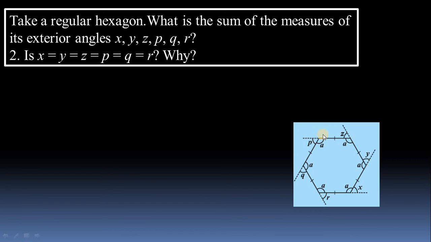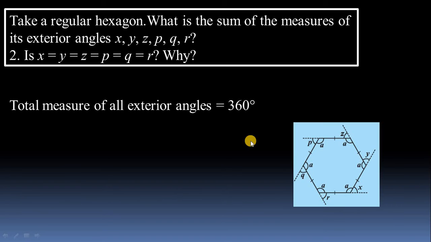The next angle P. As you know the sum of all exterior angles is 360 degrees. So it means that x plus y plus z plus p plus q plus r is 360 degrees. So here the question is what is the sum? We have calculated the sum and it should be 360. Second one, are all these sides the same?